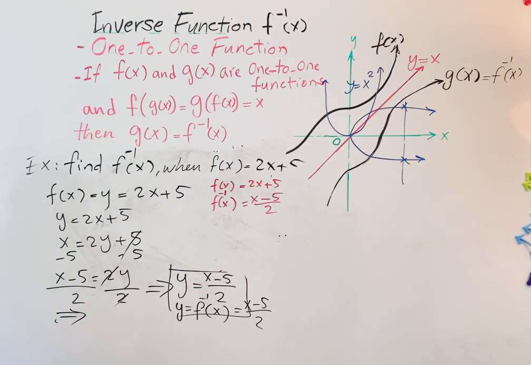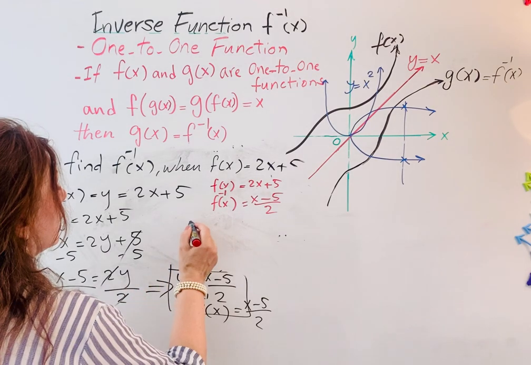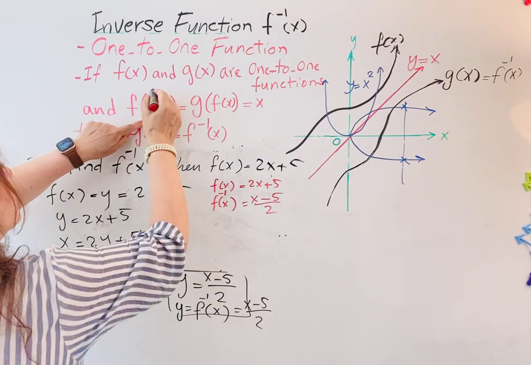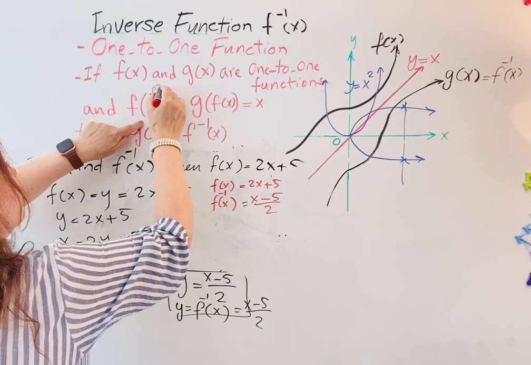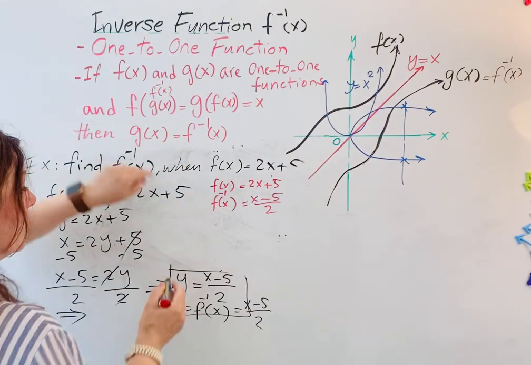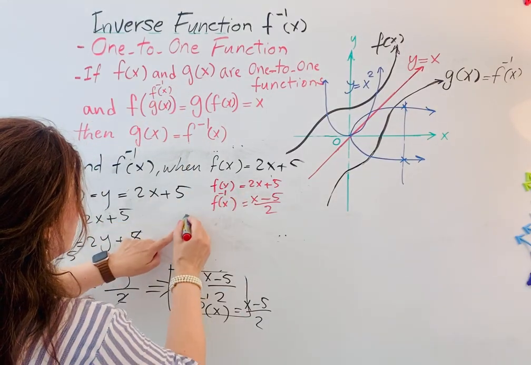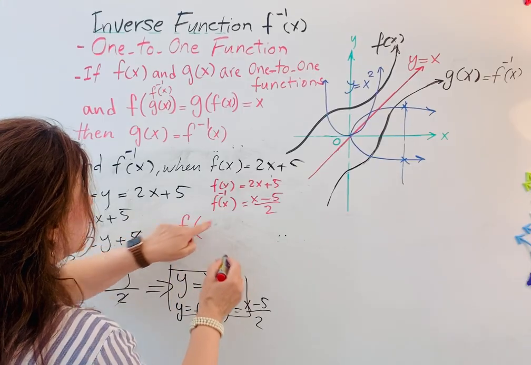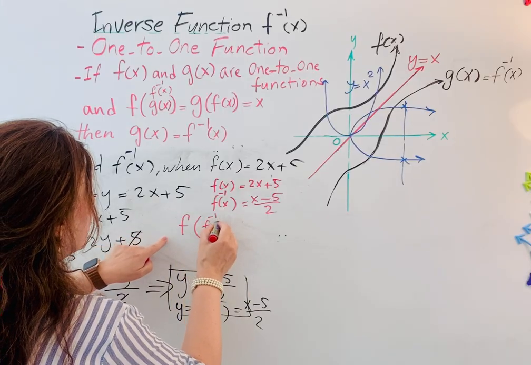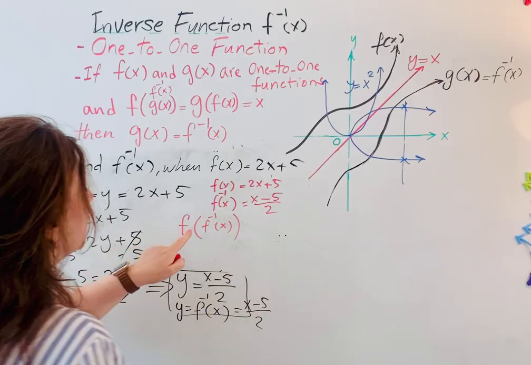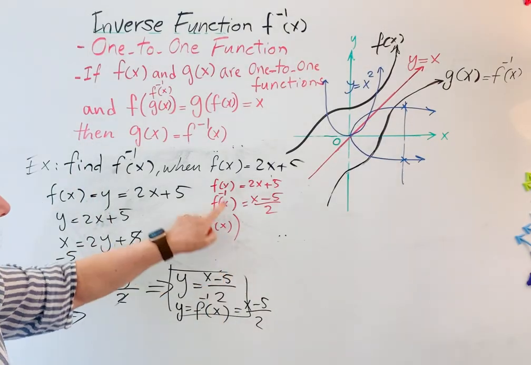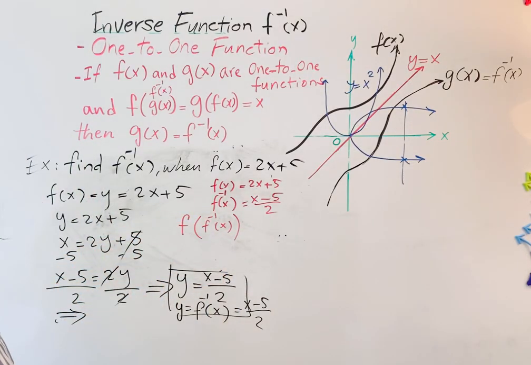What can we do? I say that we use this one. This is f of x. Okay. If the answer of the composition of these two gets x, the answer is right. Okay.